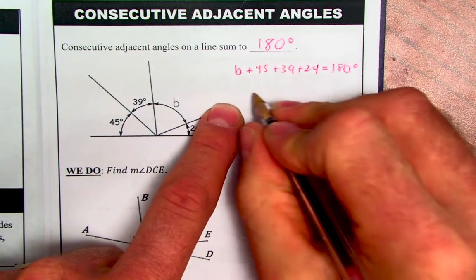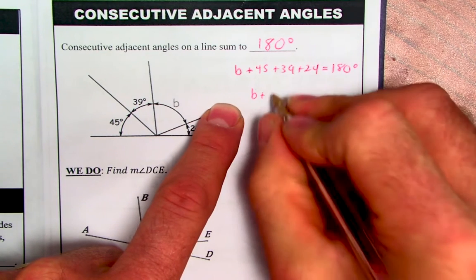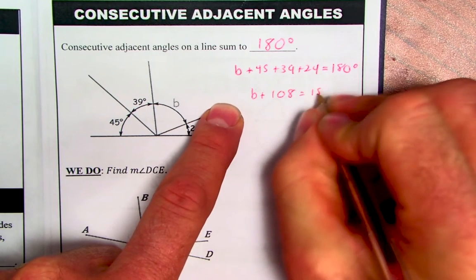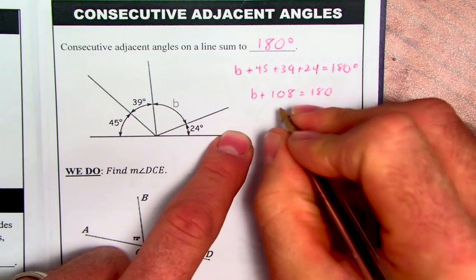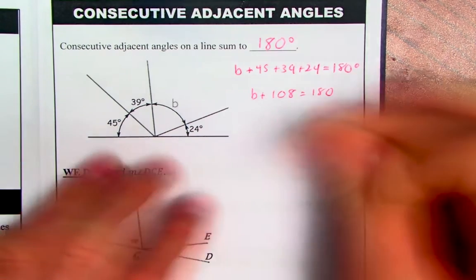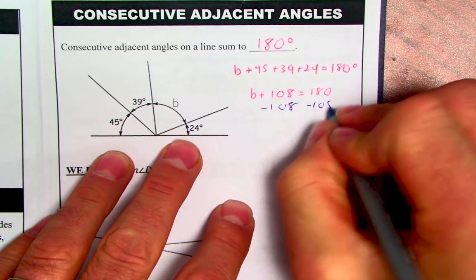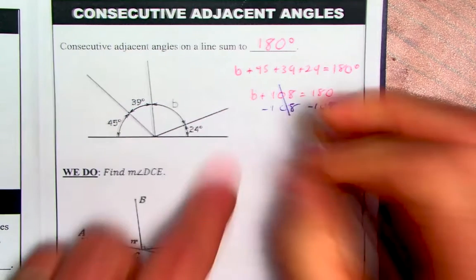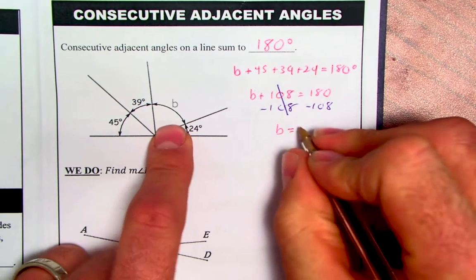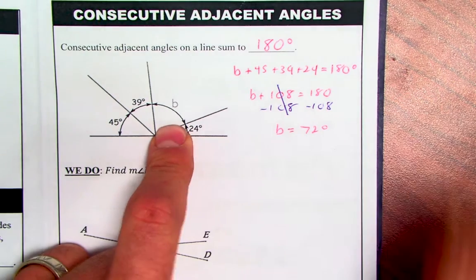Find the sum of all those. B plus 108 is 180. Take 108 from both sides. We can find that that last remaining angle, B, is 72 degrees.